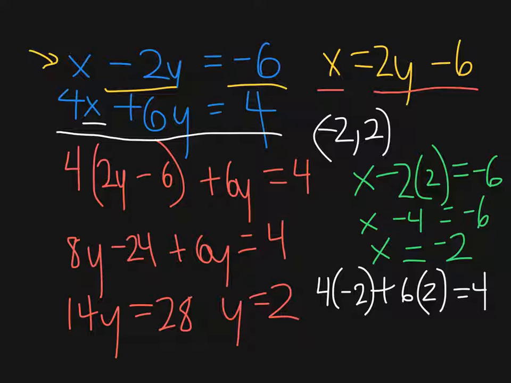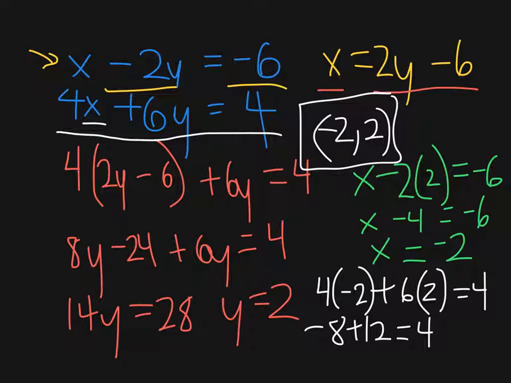Well, it's going to be negative 8 plus 12 is equal to 4. That's true. So then I know that this is the correct answer for both of them. So for the system, that's the correct answer.